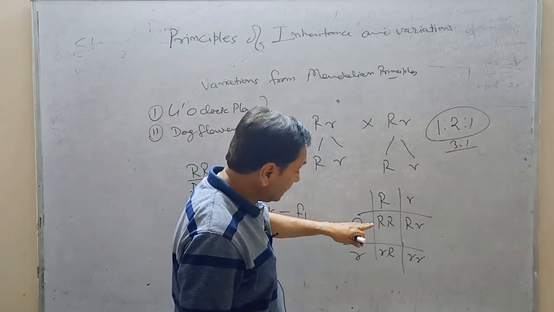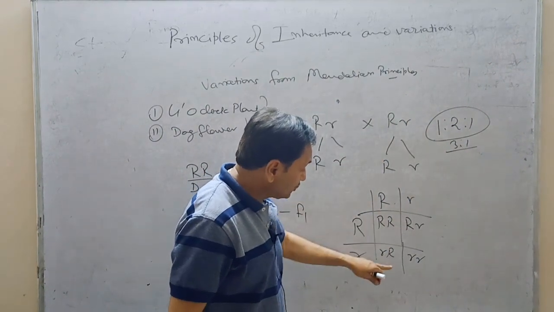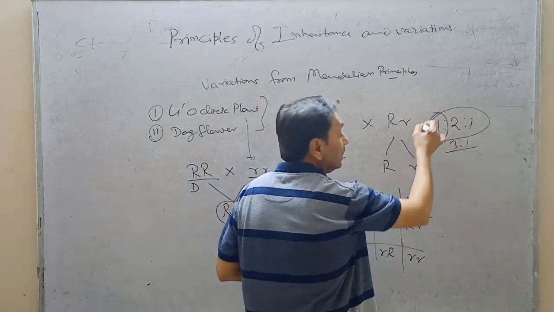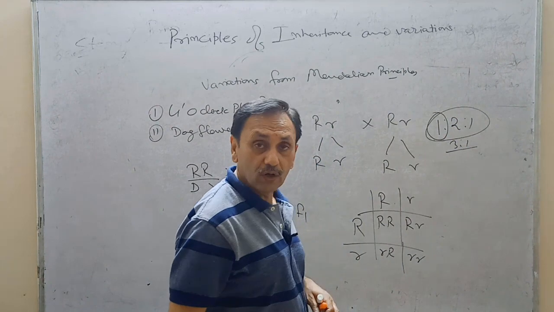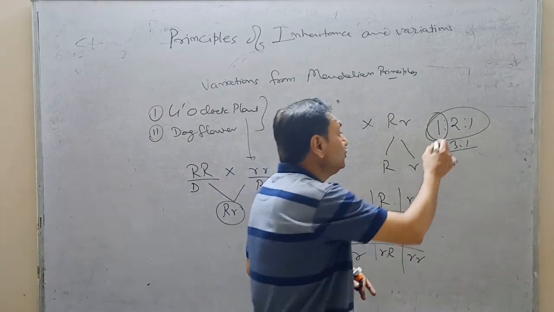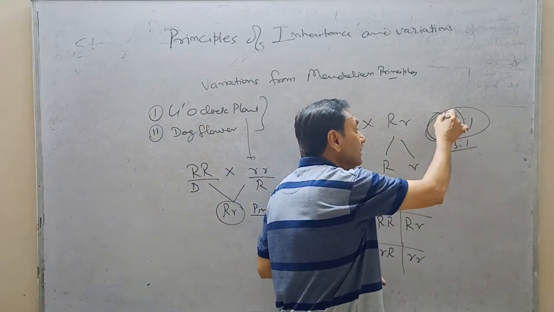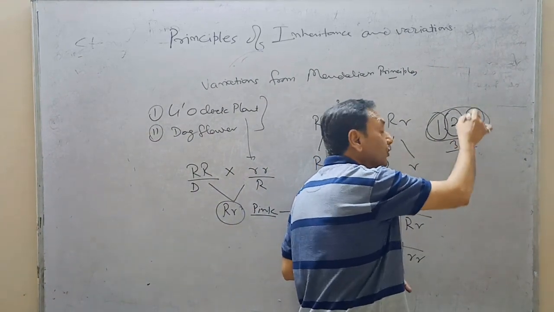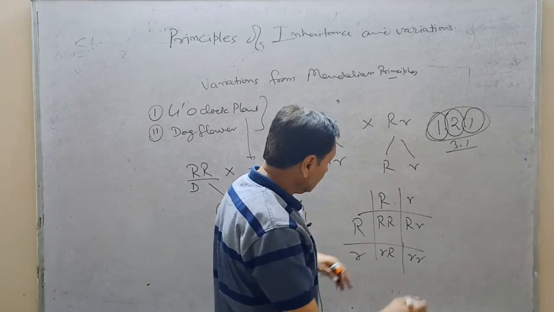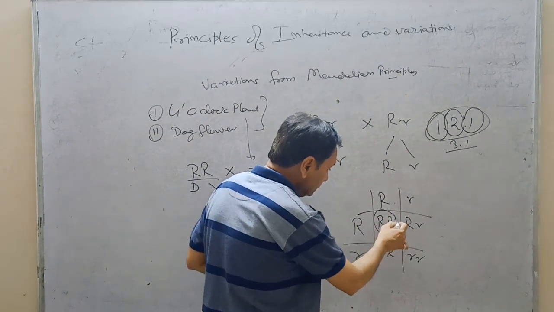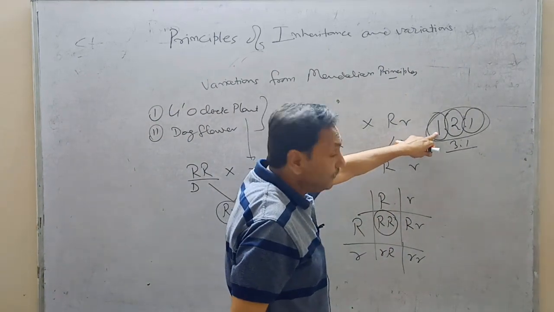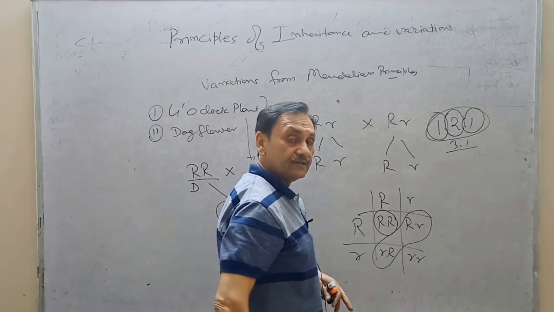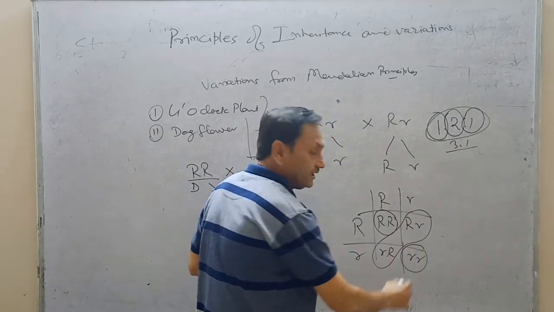The same thing is here, 1:2:1. One that is called pure dominant, 2 that is hybrid, and 1 that is the pure recessive. The same thing, 1 is pure dominant, this 2 is the hybrid, and 1 is the pure recessive.